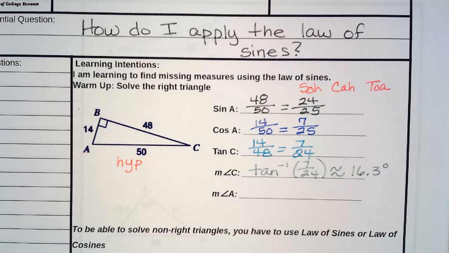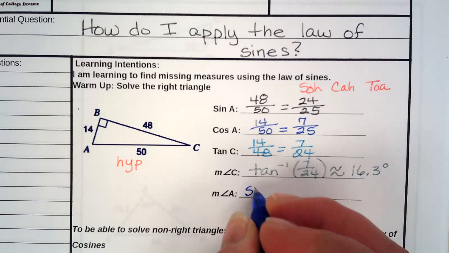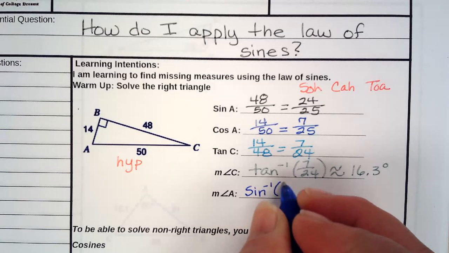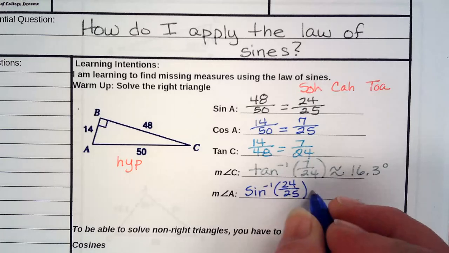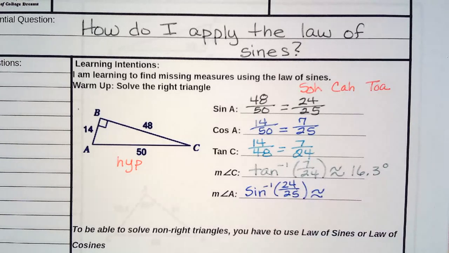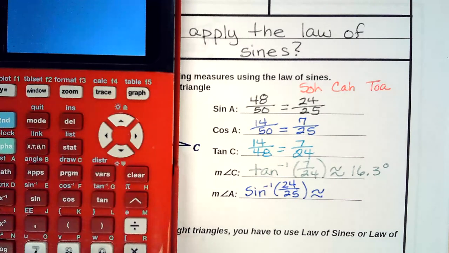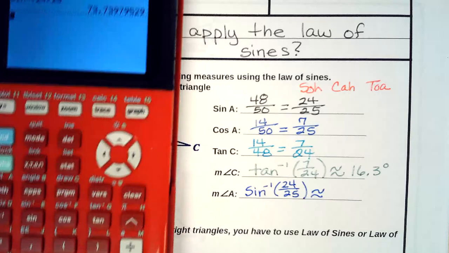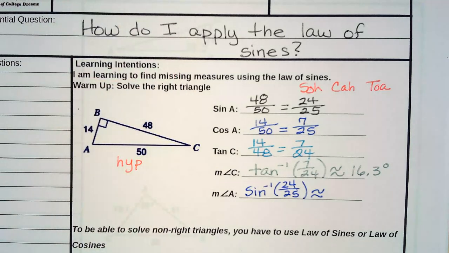Now, to find the measure of angle A, you can quickly put in, let's say, sine inverse of 24 over 25, and you end up with 73.8 or 73.7.